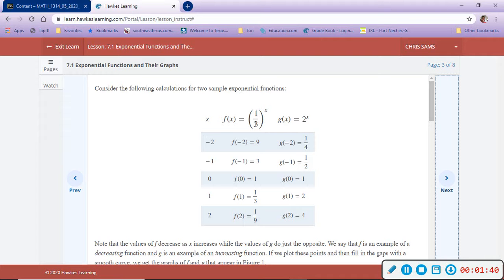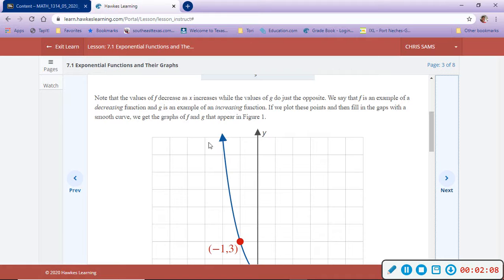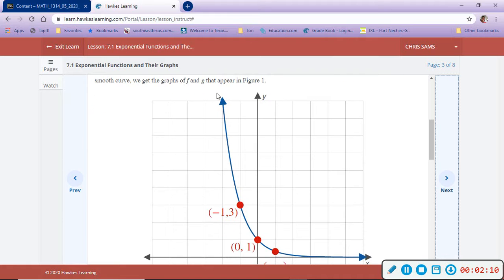This one will lead to exponential decay, something that is between 1 and 0, and this is more than 1, so that will be growth. What you will notice as this x value is getting bigger is that the y value is decreasing. So this is decay. And then here, as these x values are getting bigger, so is the y value. This is growth.